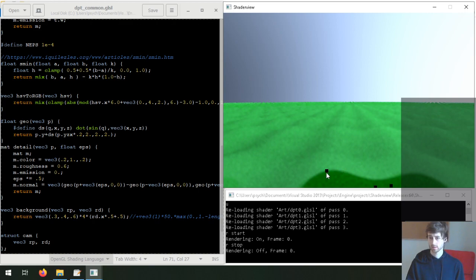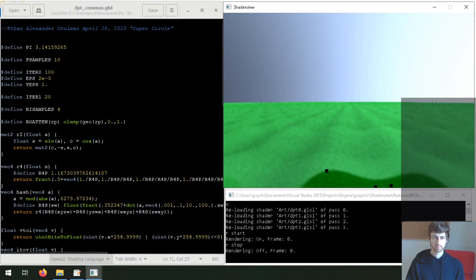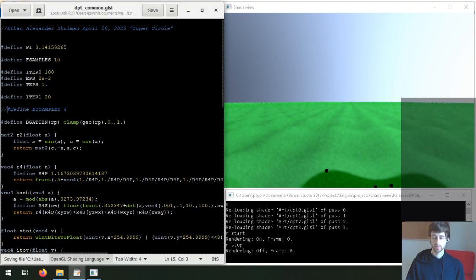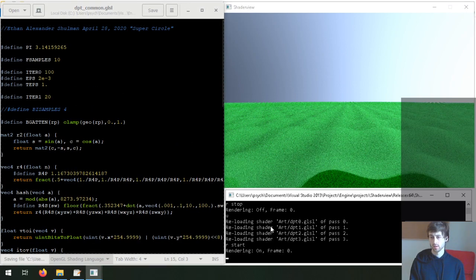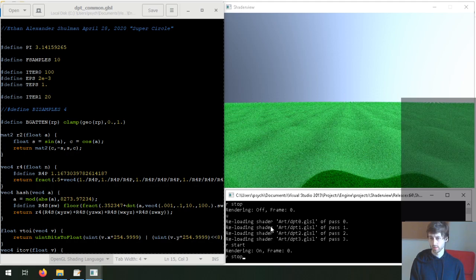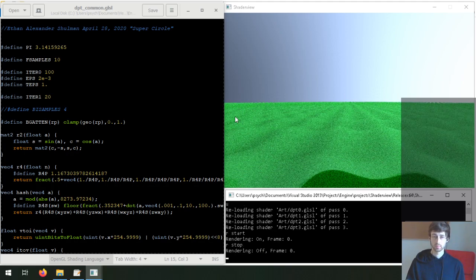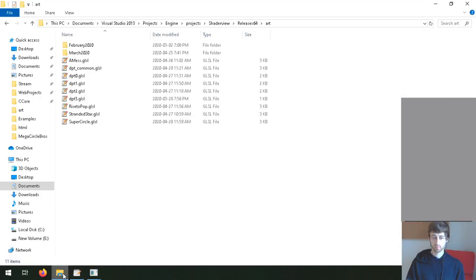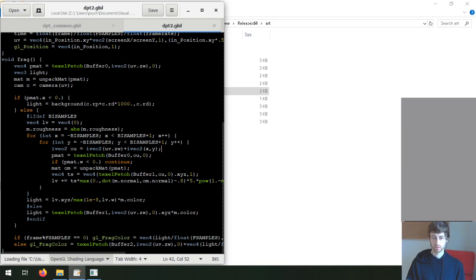There we go. So now it's starting to actually glitch and break in places. I don't know what that is. I don't know if that's not a number. I think it might be. The normal ends up being 0 right here, I think.